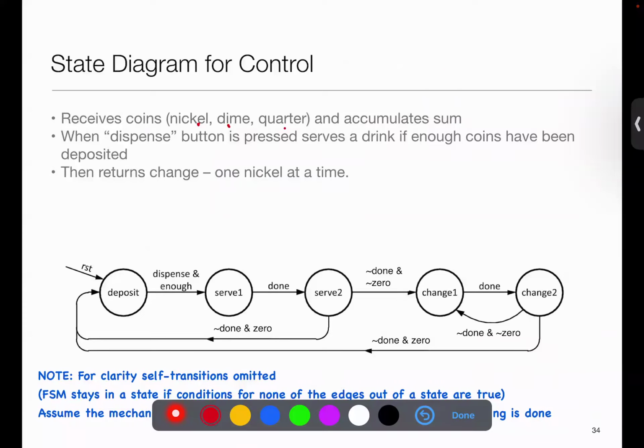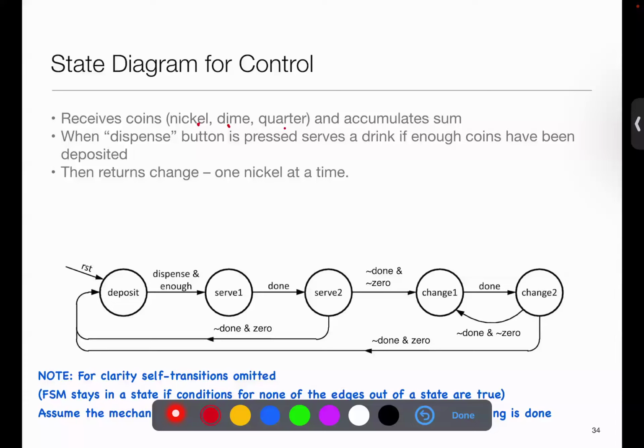So my arithmetic could be simpler. Nickel means add 1, dime means add 2, quarter means add 5. When the dispense button is pressed, the drink is served, provided enough coins have been deposited. Clearly we need to know the price of the drink, but hopefully it can be hardwired in, since it's fixed. And then we return the change 1 nickel at a time.